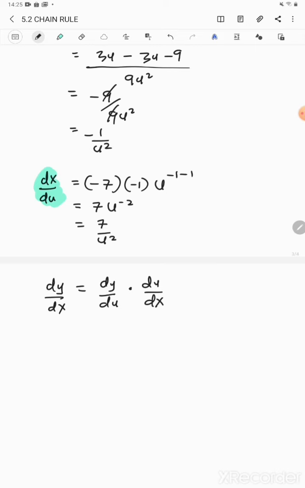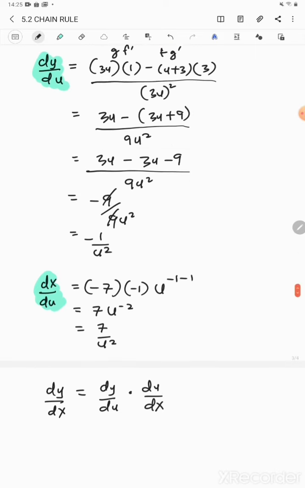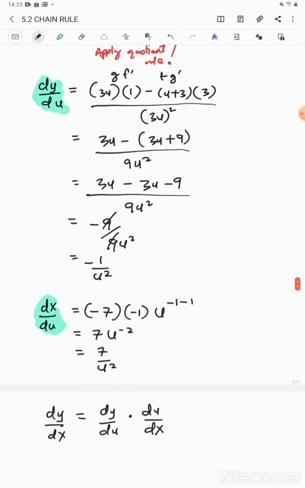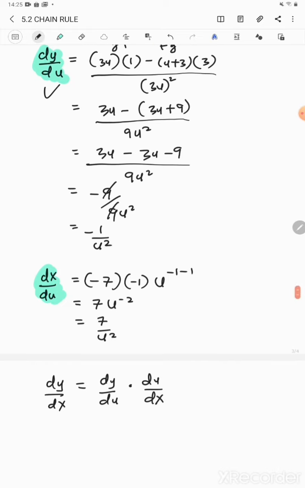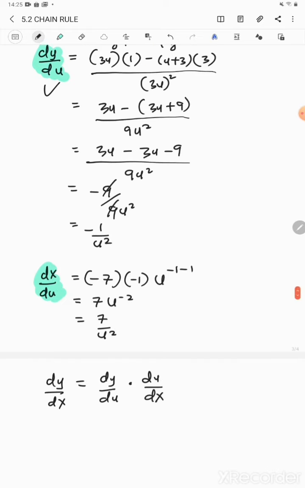Alright, so now we can see that dy over du we have here, and du over dx. Now we have dx over du, so you have to change this one into du over dx. You just switch this one, so there will be u square over 7.